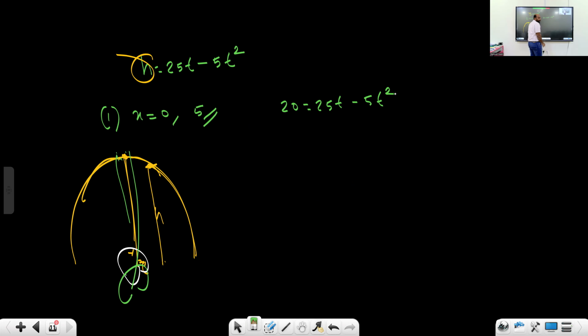Again we can divide throughout by 5. Then transpose, then do splitting the middle term. You'll get two different values of t. You need not reject anything. Why? The question is to write two different values for t, and both satisfy this.